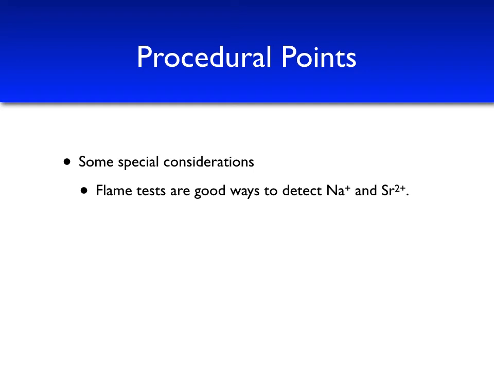However, caution must be taken because if strontium and sodium are both in your unknown, you will only see the flame test for sodium since it gives a very strong result. Therefore, you must do other tests to prove the existence of strontium.